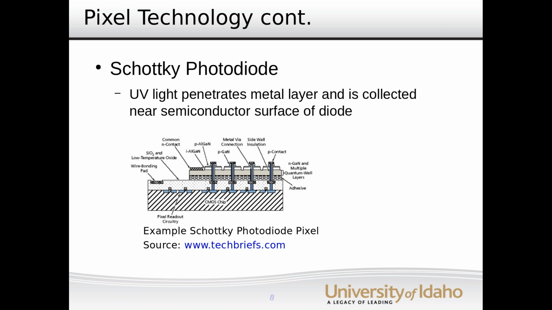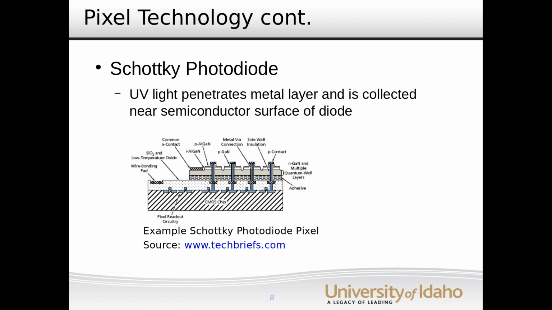In Schottky photodiodes, a Schottky diode is essentially a diode made up of a metal barrier with a semiconductor. Where this is useful for UV light is the light, when the metal is selected properly, will penetrate through the metal layer and be able to be collected very near the semiconductor surface.